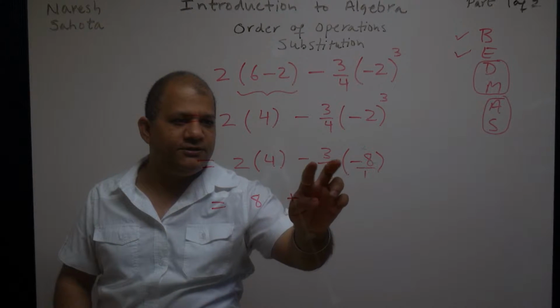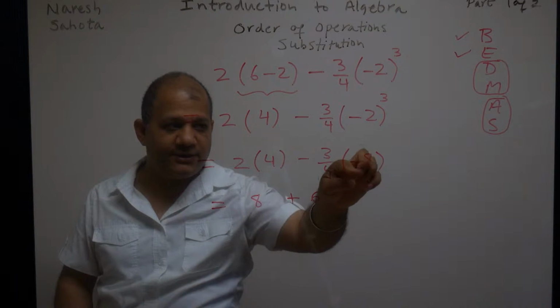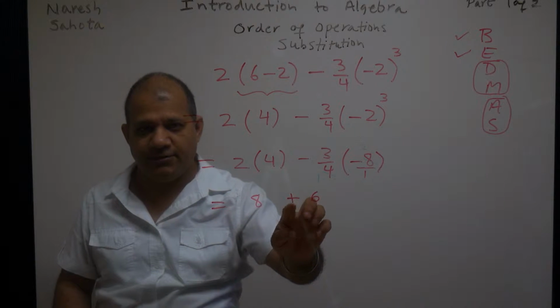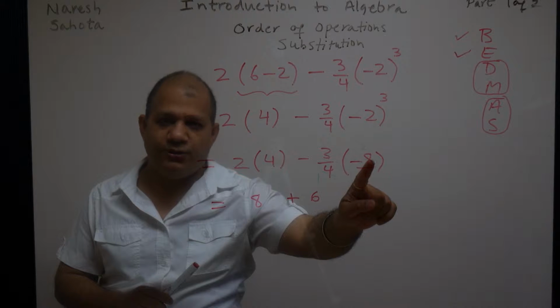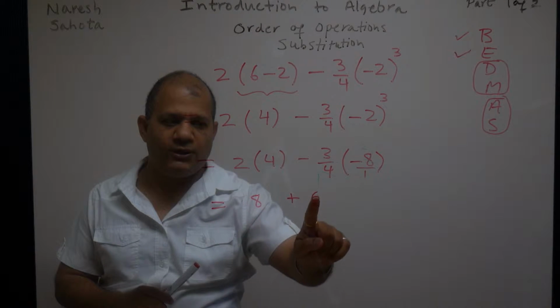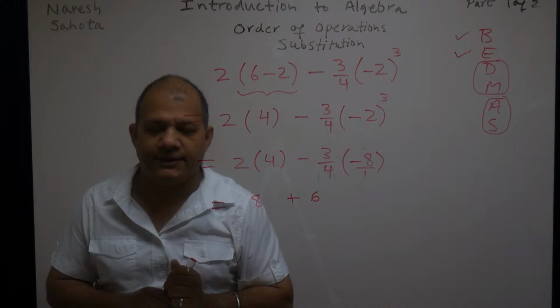This subtraction, because of the negative factor here, changed to an addition down here. That doesn't matter. So 3 times 8 is 24, and 24 divided by 4 is 6. That's another way of doing this.